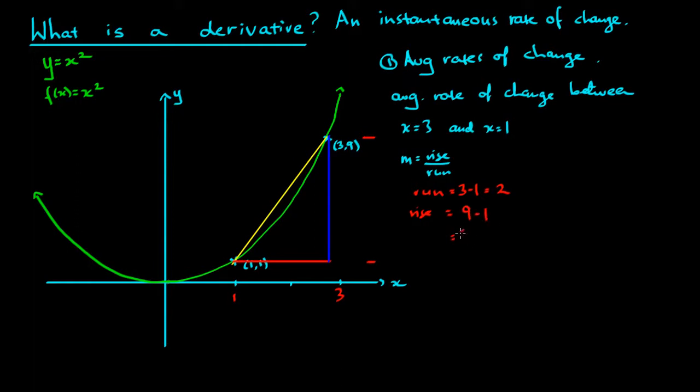Also written as f of 3, take away f of 1, because the height is the function, what comes out of the function. So that's equal to 8. Therefore, the average rate of change is equal to 8 on 2, so that's equal to 4. So that's how you find the average rate of change between 2 points.